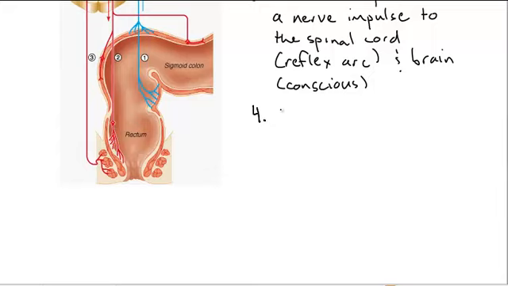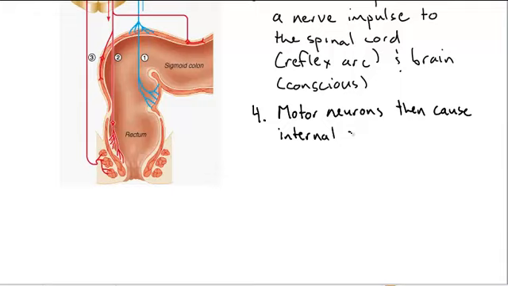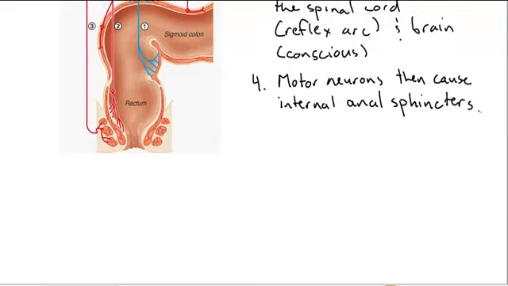This reflex arc then causes motor neurons to then cause internal anal sphincters. Yes, I said anal sphincters. I take almost as much delight in saying it as you probably do.